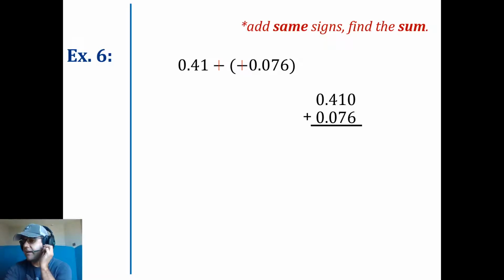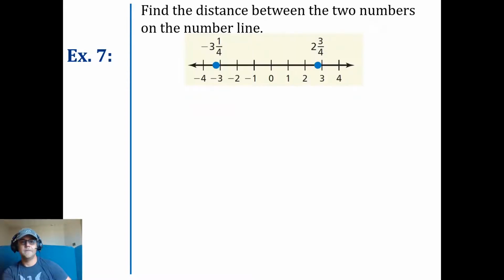Add them up, and obviously it stays positive. Remember, I already said the 0 in the front is important. You must have that 0 before the decimal. If you forget it, you're going to lose some points there. Just basic skills. Got to write it correctly. 0.486.